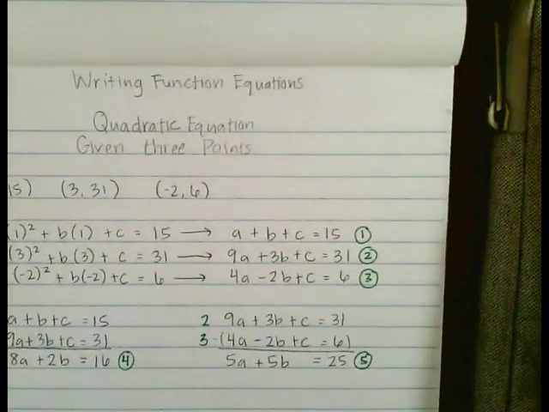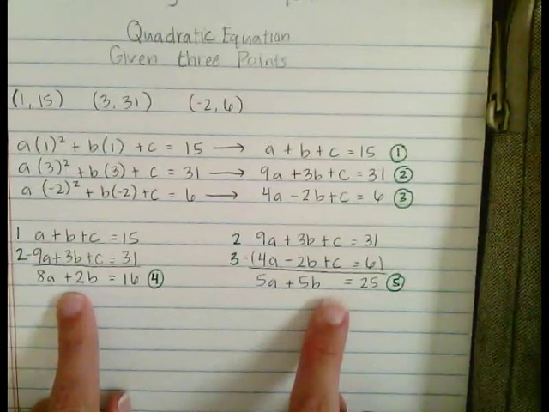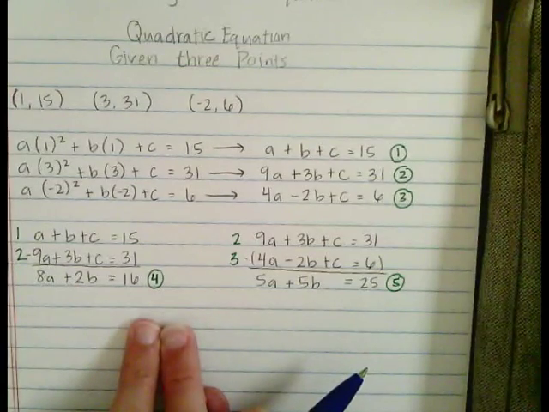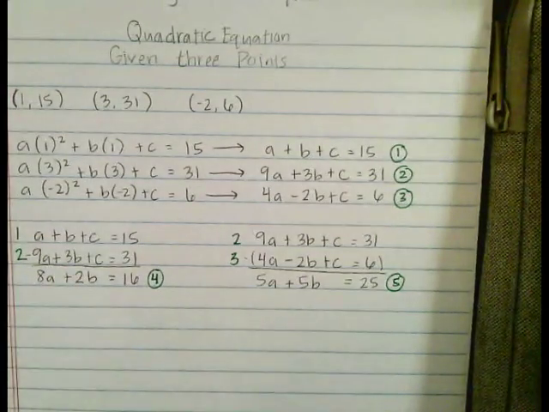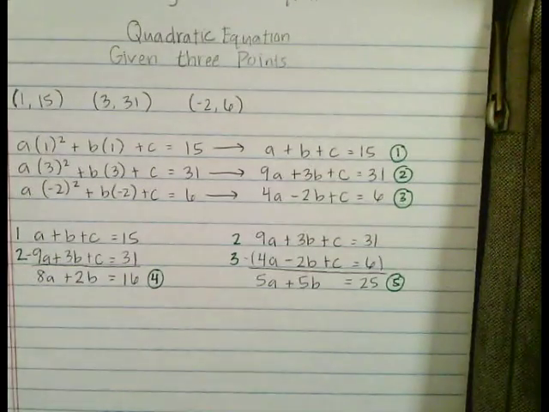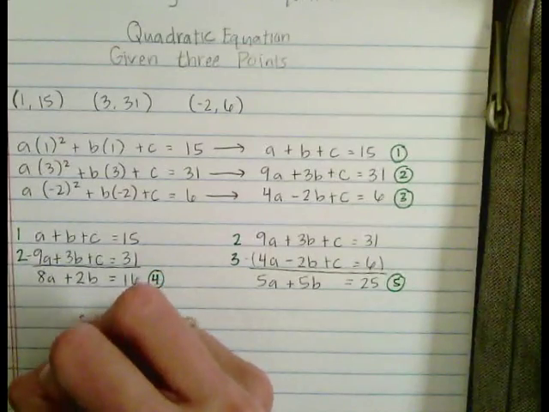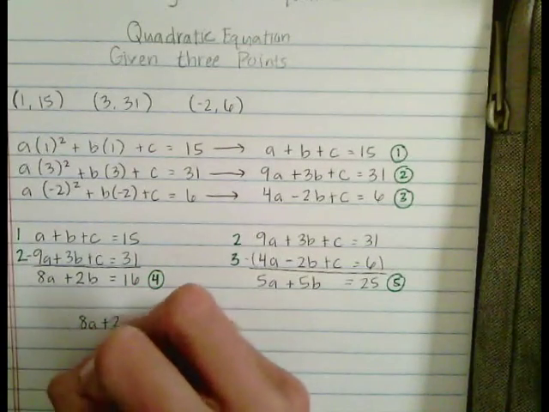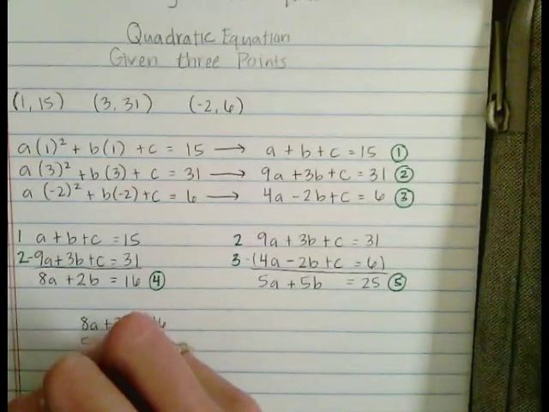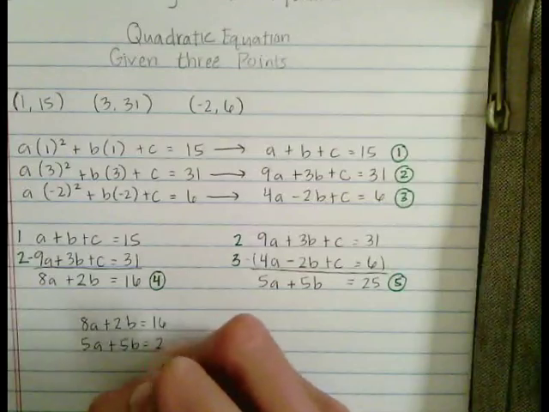So what you're going to do from this point is take your fourth and your fifth equation, your two linear equations, and use substitution or elimination. In this case, we're going to use elimination. You're going to have 8A plus 2B equals 16, and you're going to compare it with 5A plus 5B equals 25.